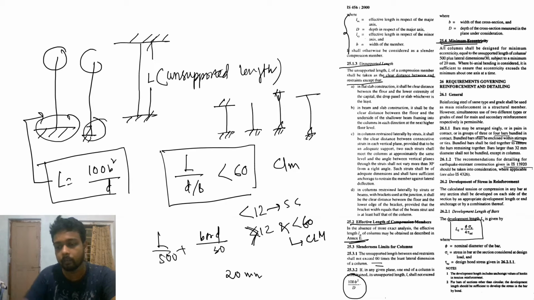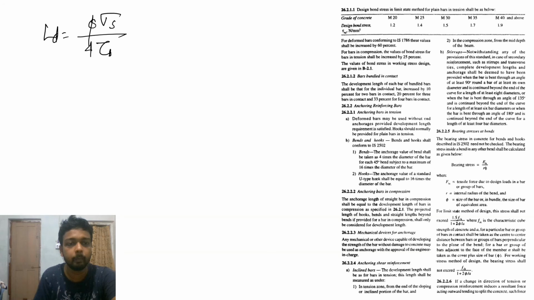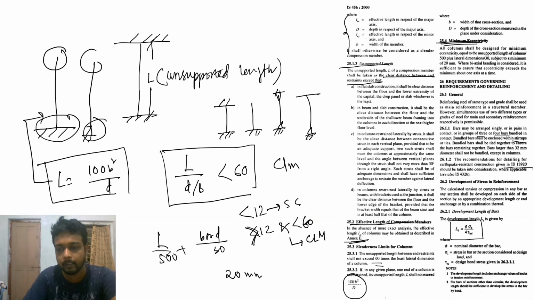So Ld equals phi sigma s by 4 tau bd. Phi is the nominal diameter.